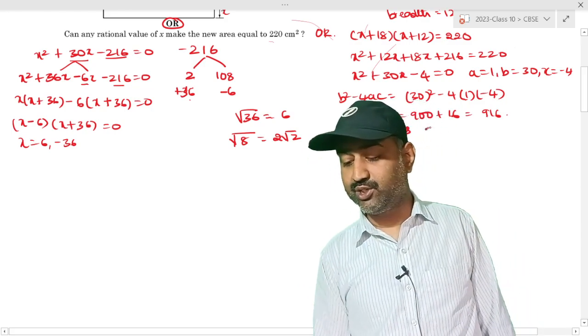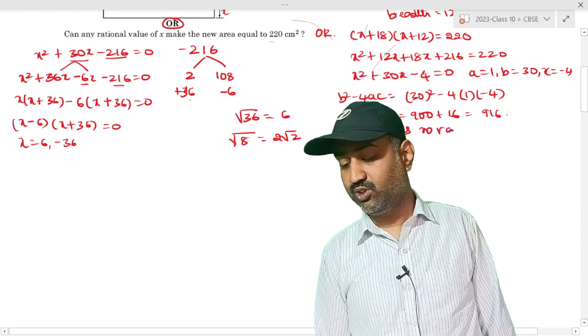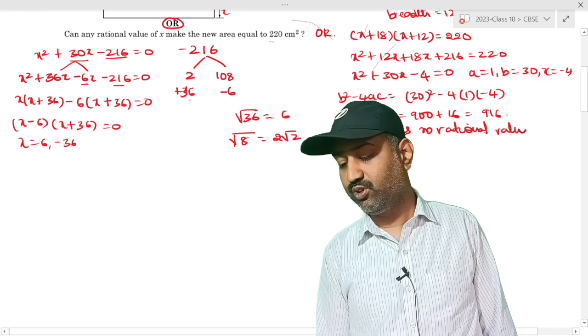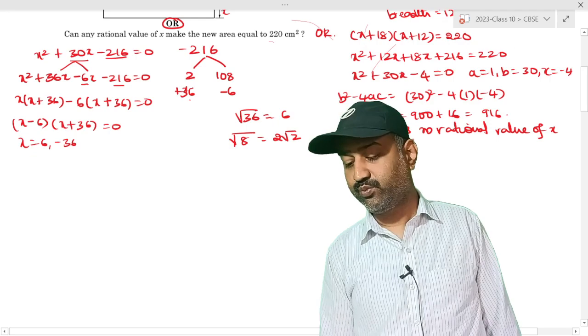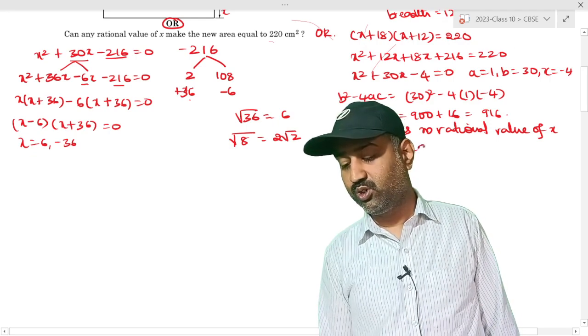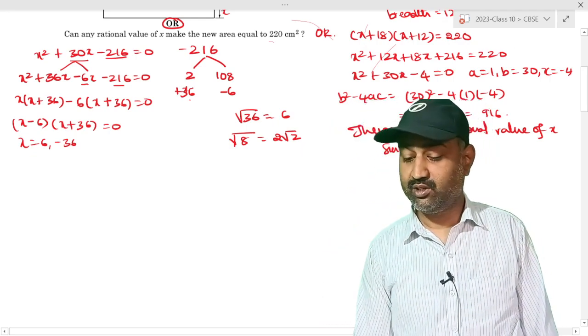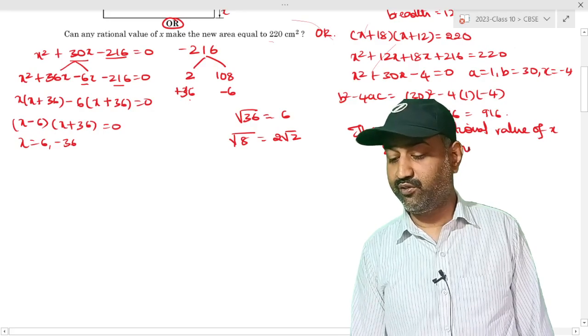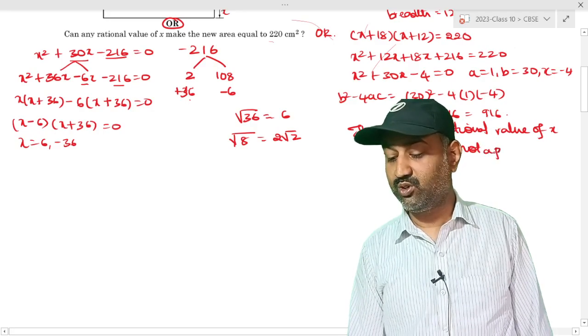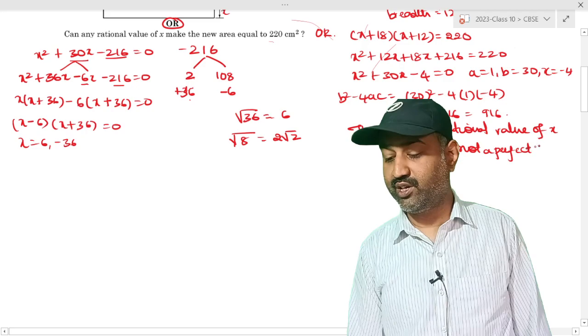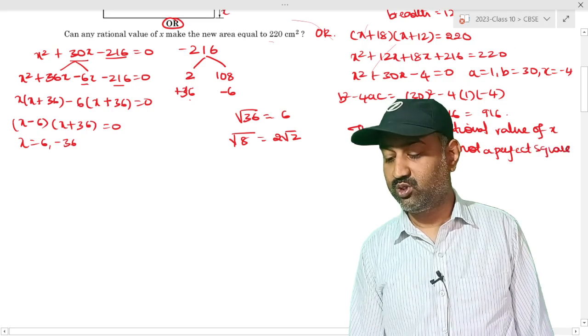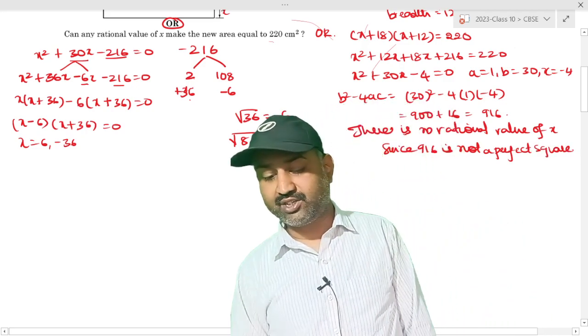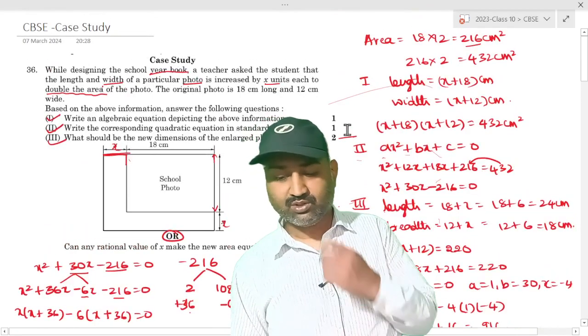Therefore, there is no rational value of x, since 916 is not a perfect square, right? 916 is not a perfect square.